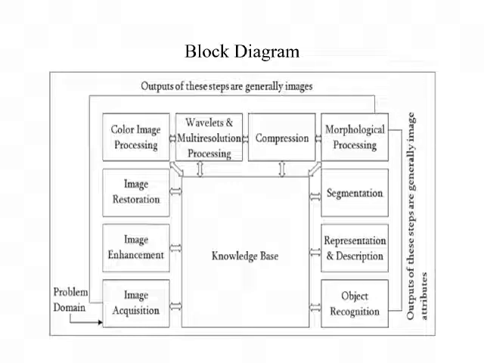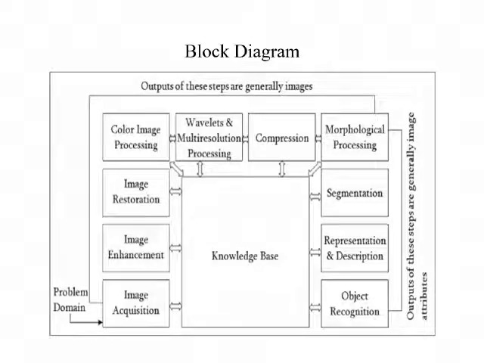Among these 10 steps, the problem domain is fed to the image acquisition block. The image acquisition block, image enhancement, restoration, color image processing, wavelets and multi-resolution processing, compression and morphological processing: all these 7 blocks, the output of these are generally images.